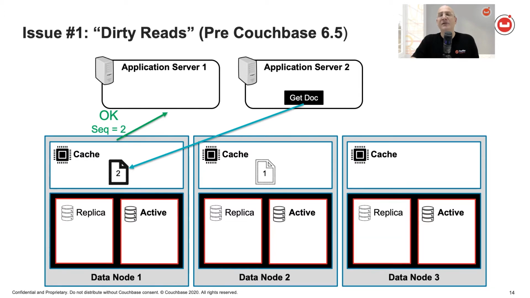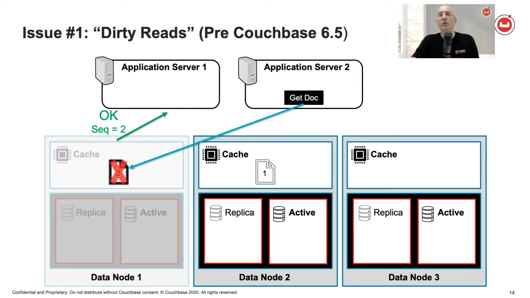But a fraction of a second later, node 1 crashes. The document has not managed to be replicated to the replica node yet. So application server 1 will get an error because it will wait for the document to be replicated, but since it will not get replicated, application 1 knows that the change did not succeed.